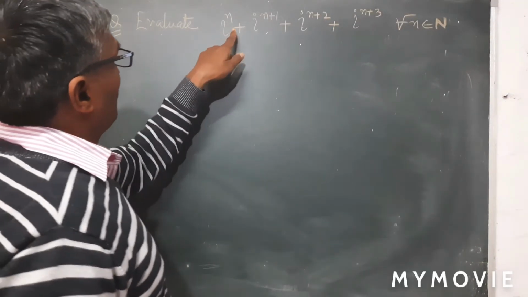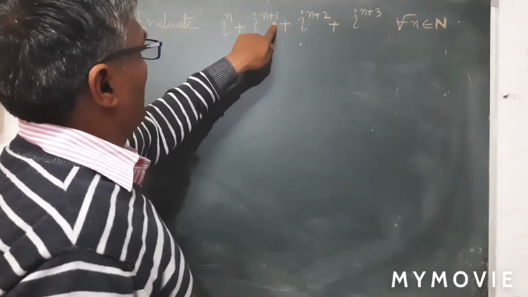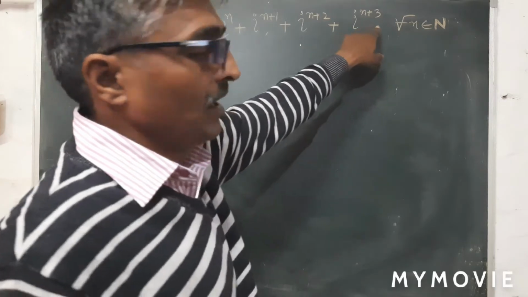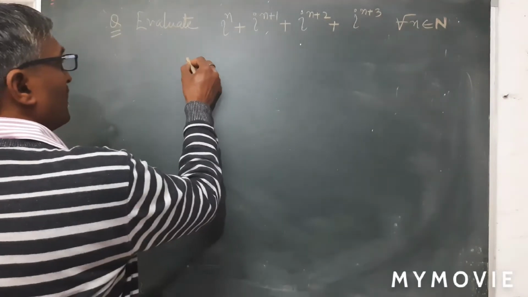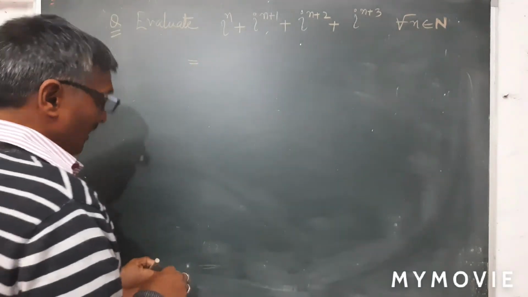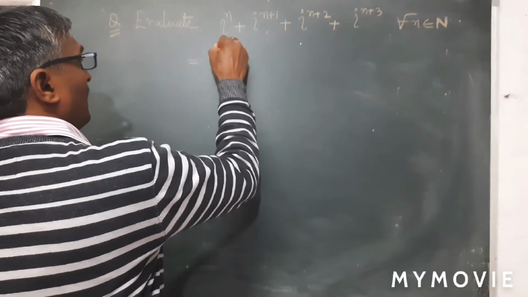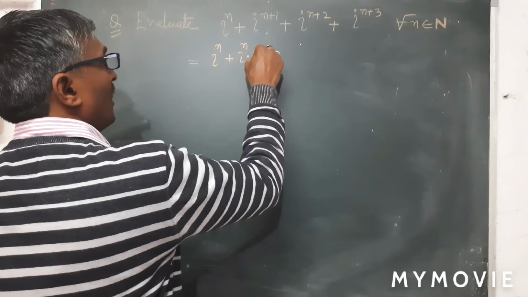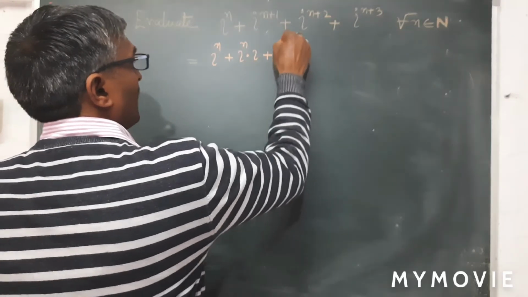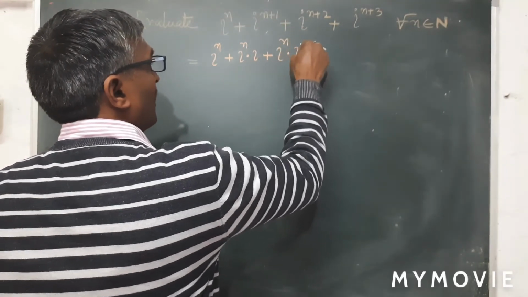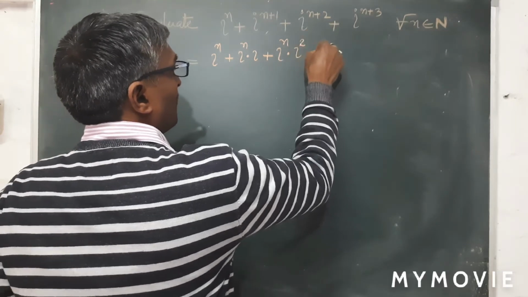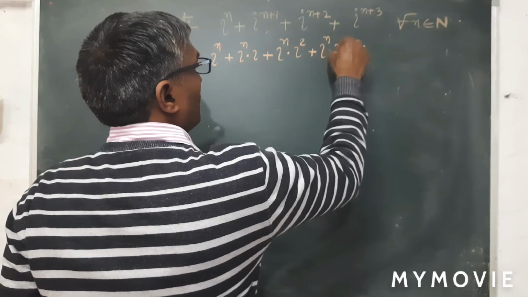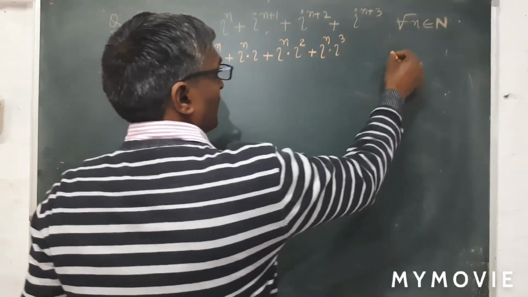Evaluate iota to power n plus iota to power n plus 1 plus iota to power n plus 2 plus iota to power n plus 3. Here we can write like this: iota to power n plus iota to power n into iota plus iota to power n into iota square plus iota to power n into iota to power 3.